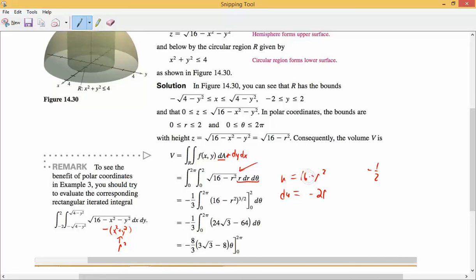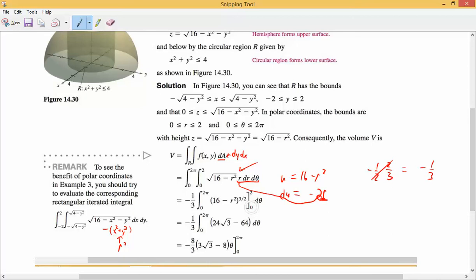And then when you integrate, that's going to be u to the 1/2, because you have your du. Let's bring out your negative 1/2. Then when you integrate, you add 1 to the power, it becomes 3/2. Divide by that, so you multiply by 2/3. So that's why they have that negative 1/2 on the outside. And now they've integrated. This is the answer once you integrate with respect to r.